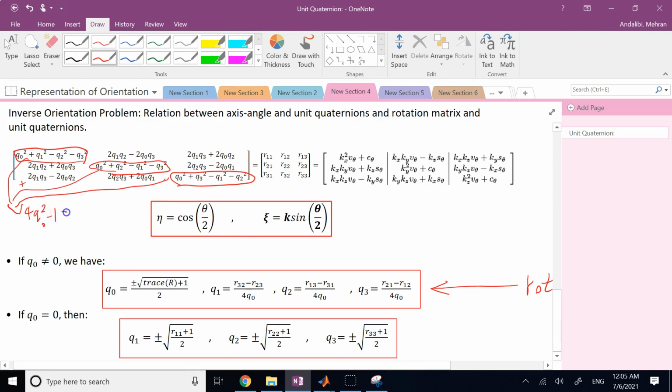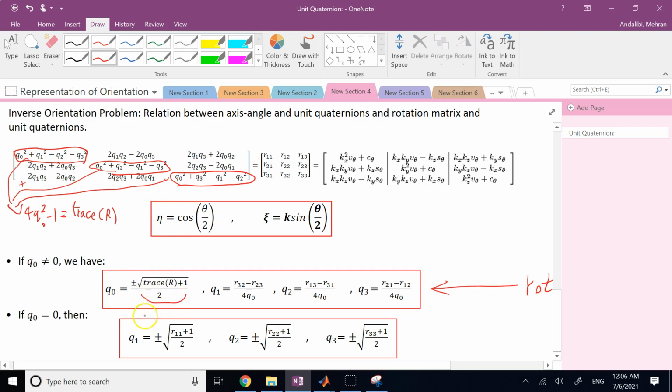So that thing is clearly equal to the trace of matrix R. So if I take this 1 to the other side, divide by a 4 and take the square root, you will exactly get this formula. The square root of 4, 2 comes out of the square root. So this 2 is outside the square root. And you get a plus and minus, right? You get two answers for Q0. So here you have two solutions again. The solution is not unique. There are two solutions. One positive Q0, one negative Q0. Good? So the first formula is very clear.